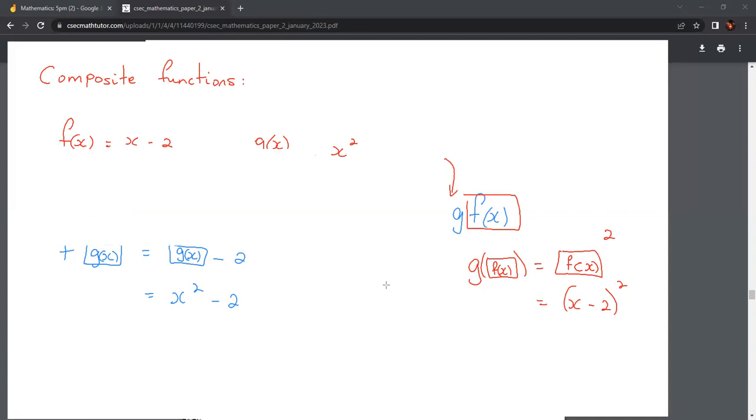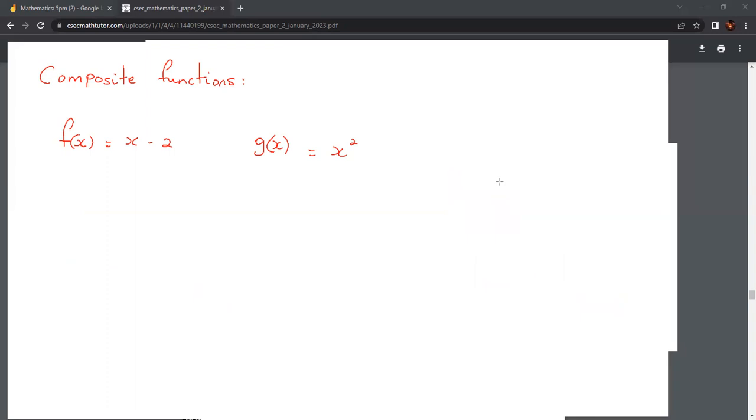Let's look at another one. They may also ask us to find something like this one: g of f of 2.